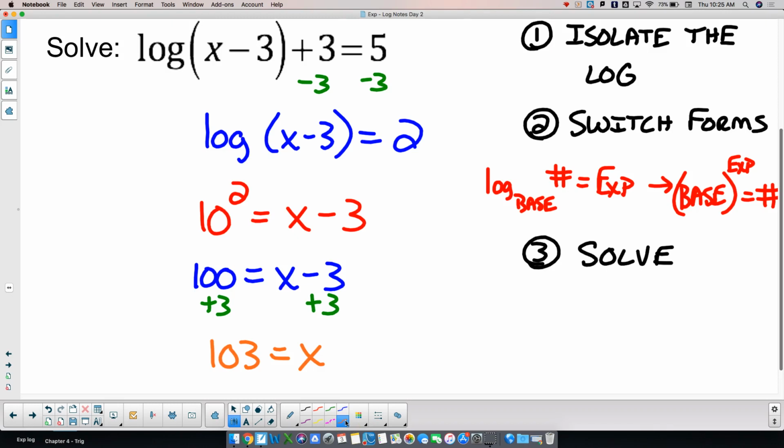Okay. Now, in logarithmics, what are the two conditions in a logarithmic equation from yesterday? Two conditions from yesterday for a logarithmic equation.